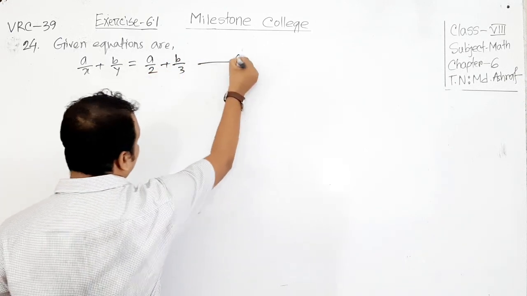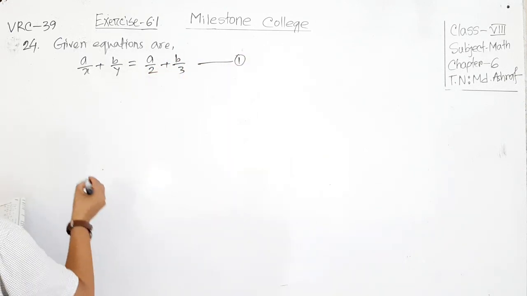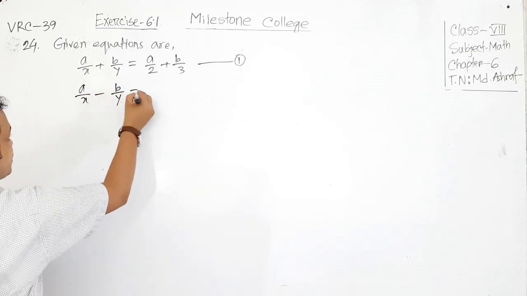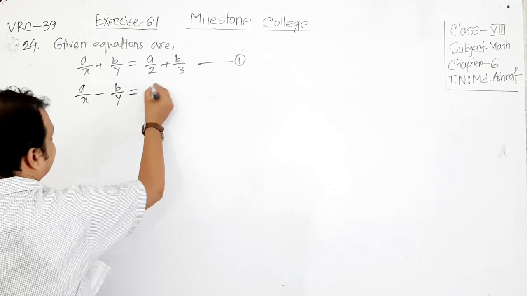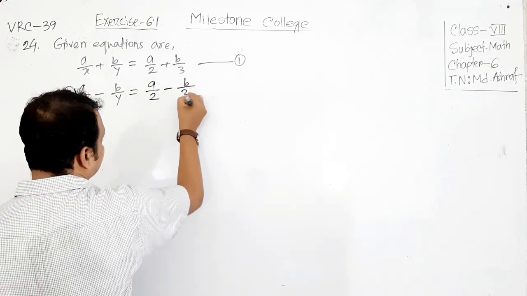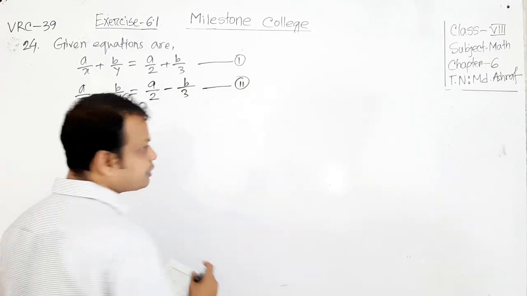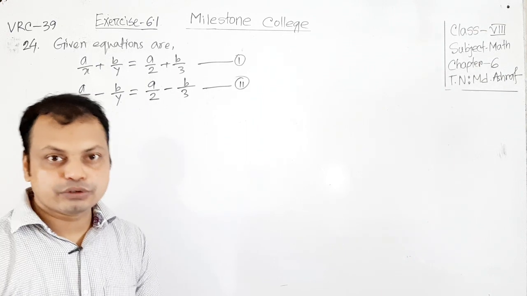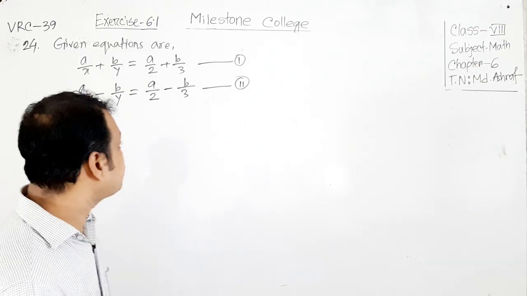This is equation number 1, and another equation is a divided by x minus b divided by y equals to a divided by 2 minus b divided by 3. So these are the two equations, simple simultaneous equations. We have to solve the equations by the method of elimination. Already we have learned, follow the same method.